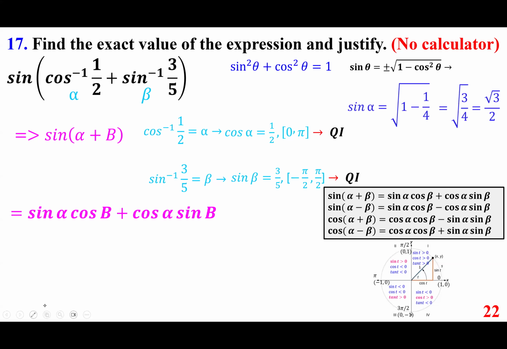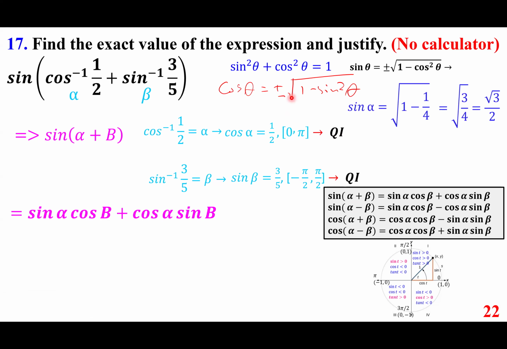Cosine is plus or minus the square root of 1 minus sine squared, but we're going to use plus because we're in the first quadrant.